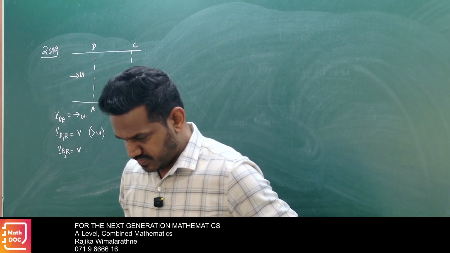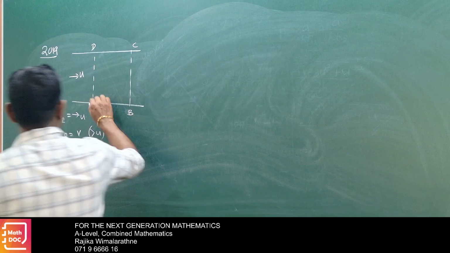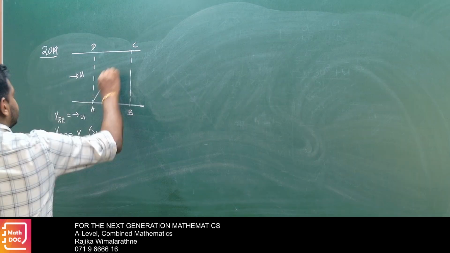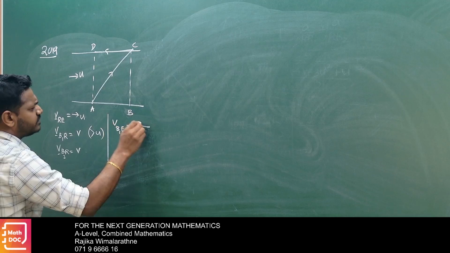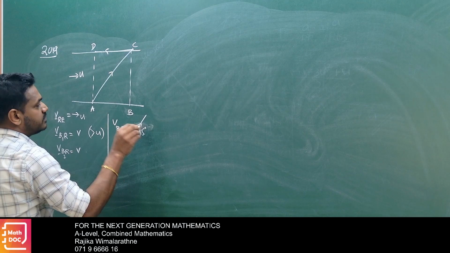Okay, then boat B1 moves A to C and C to D. Then velocity of B1 with respect to Earth has two cases. First one at 45 inclination, second one parallel to the bank.